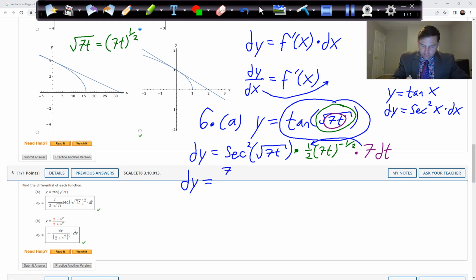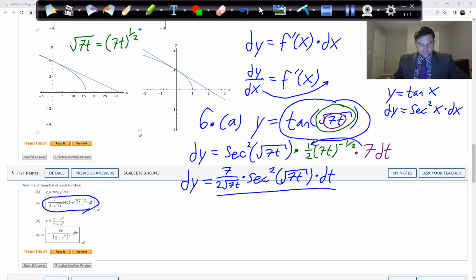So we're going to get 7 over 2 square root 7t times secant squared of square root 7t times dt. And I believe, yes, 7 over 2 radical 7t, secant squared radical 7t dt. So if you look very carefully, this and this are the same. Okay, that's for part A.